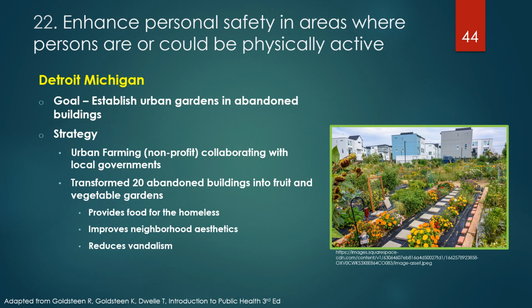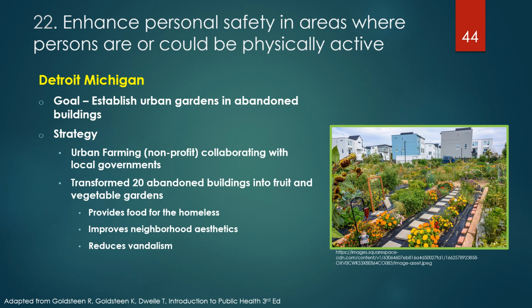22. Enhance personal safety in areas where persons are or could be physically active. Detroit, Michigan has one of the highest home foreclosure rates in the country, resulting in a dramatic increase in the number of abandoned buildings and boarded up homes, which attract vandals and petty crime.